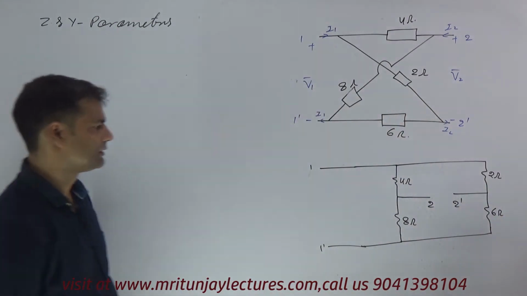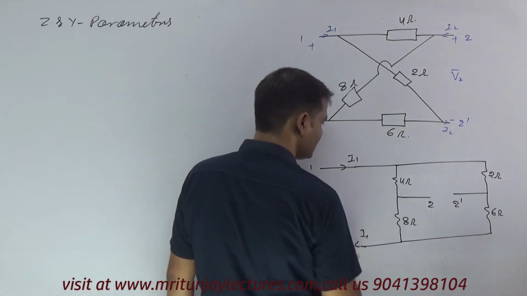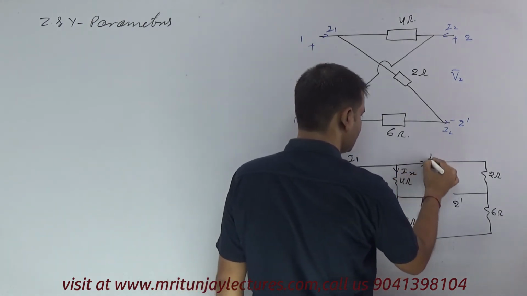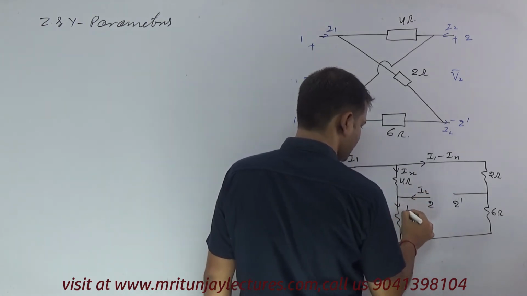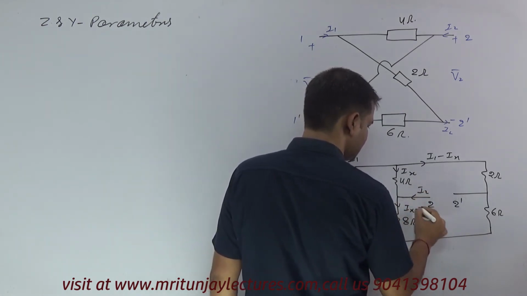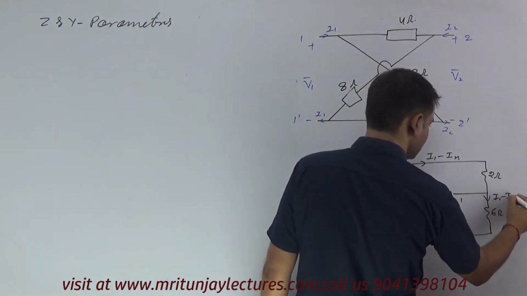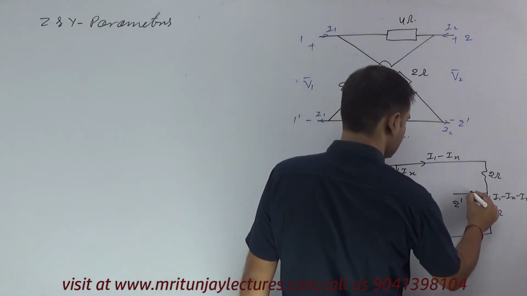Okay, now if we consider this as I1, here also I1. If this is Ix, then I1 minus Ix; if this is I2, then Ix plus I2, and here I1 minus Ix minus I2, and that is the I2 current.